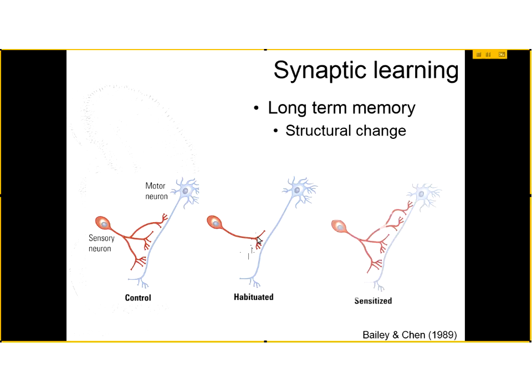However, what would happen if you were to continue to peck or apply shock to the bum of the aplysia across a week or so? You'd see an increase in the number of synapses across that motor neuron from the sensory neuron, increasing that neural communication. What do you think the mechanism of that structural change is?